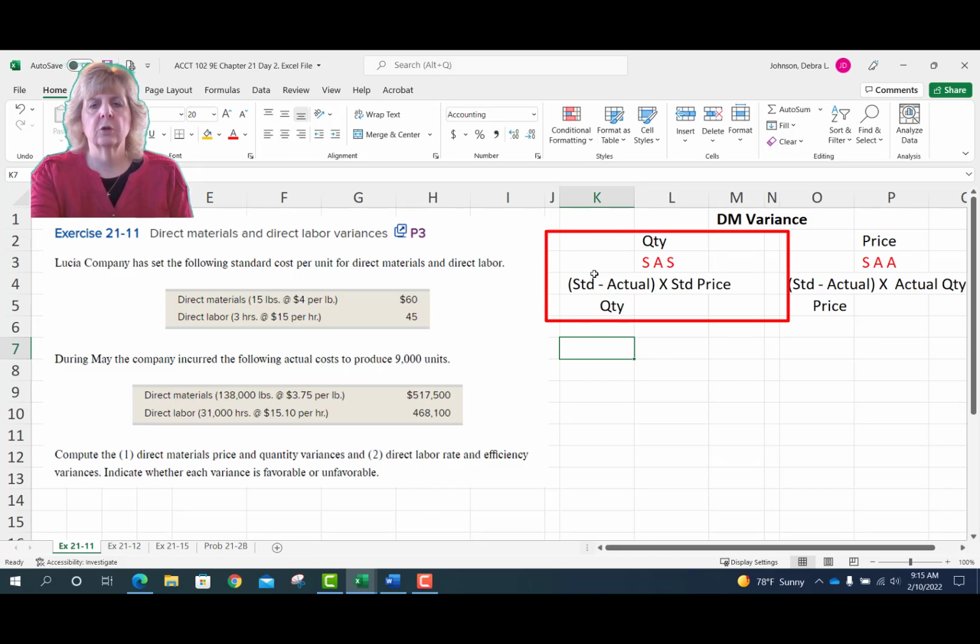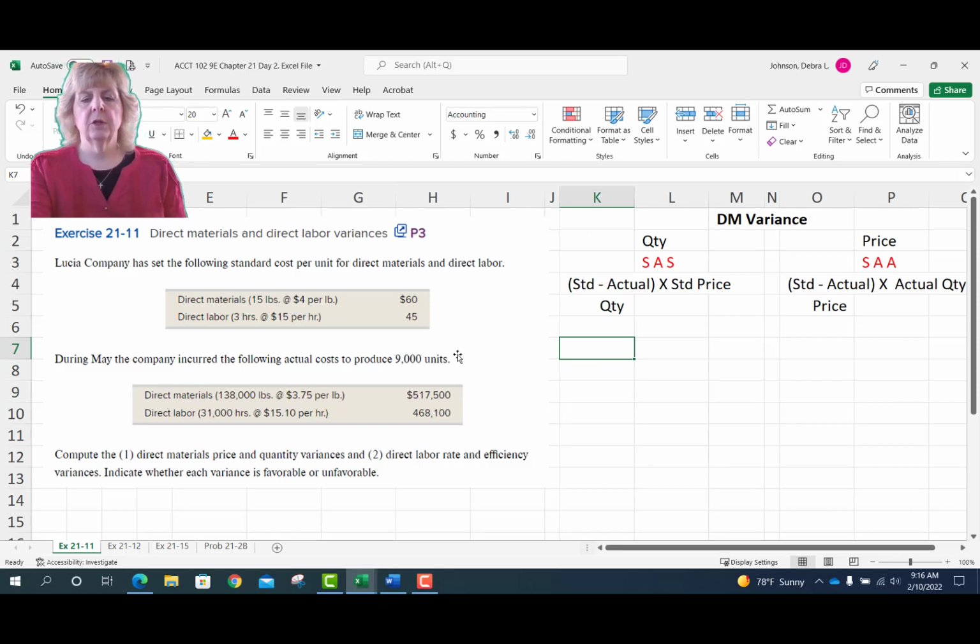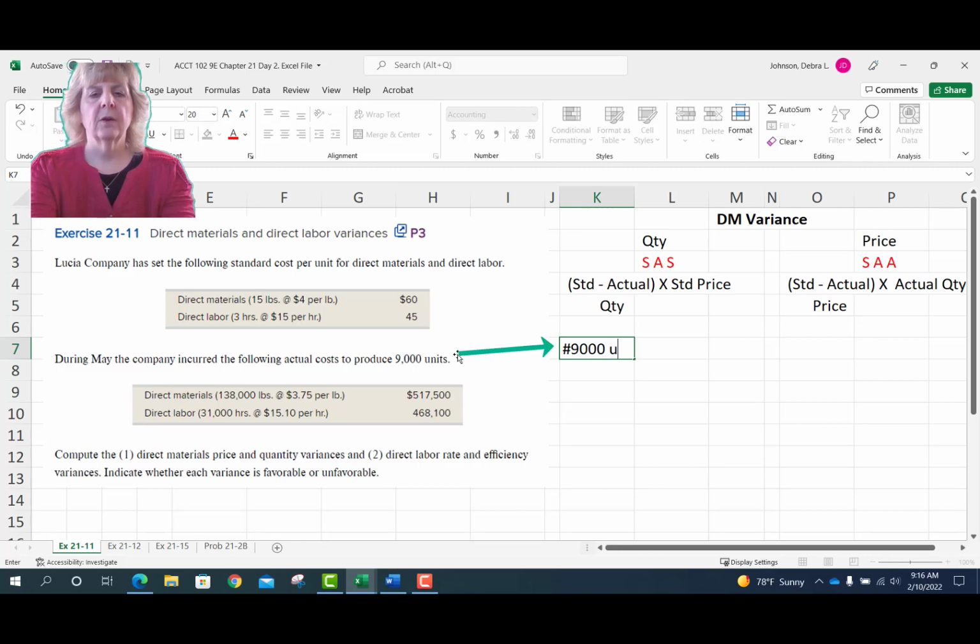Whatever variance you're looking at is inside the parentheses. This is the quantity times the standard price. Again, this needs to be based on the 9,000 units that were produced. So 9,000 units at 15 pounds per unit would give us the standard pounds allowed to create these units.